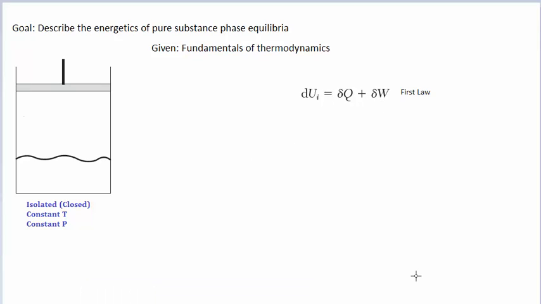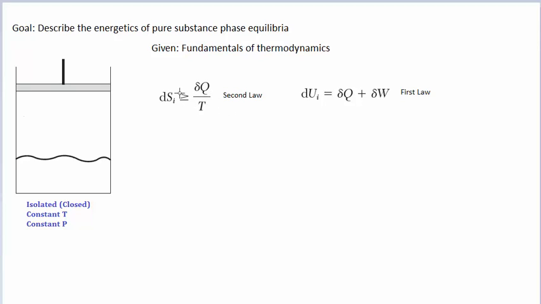The other fundamental we know is the second law of thermodynamics. So you'll notice here that this is a little bit different than what you'd expect. The second law will actually state that the small change in entropy is going to be equal to the reversible heat transferred to the system over the temperature.